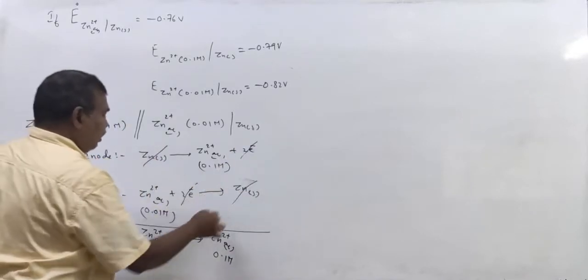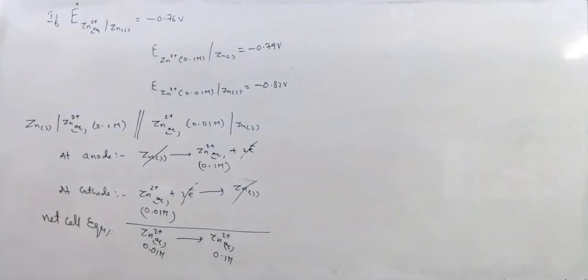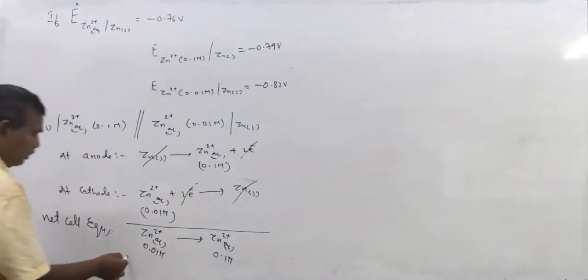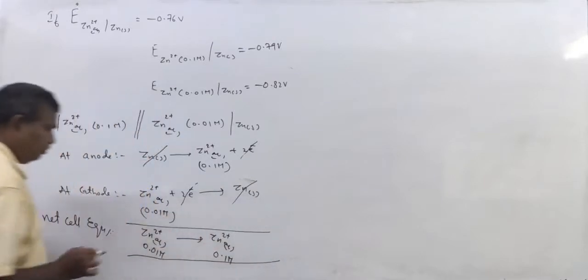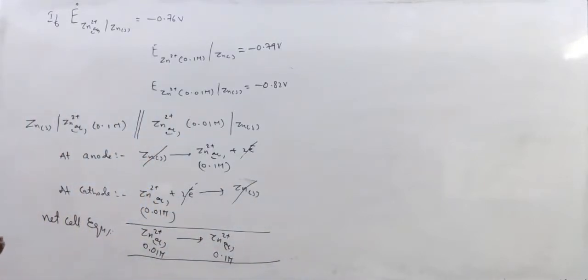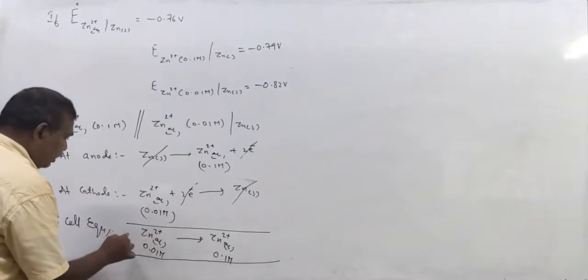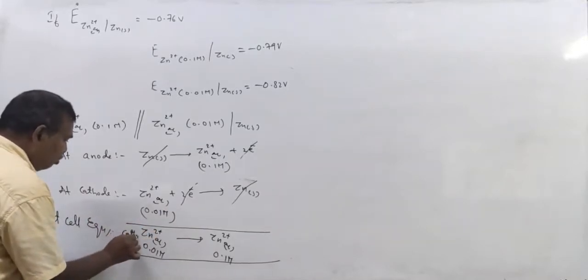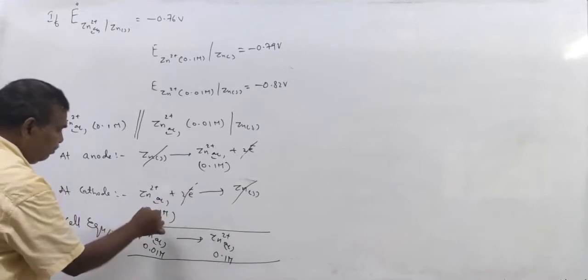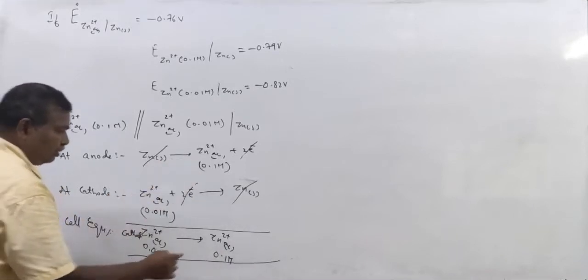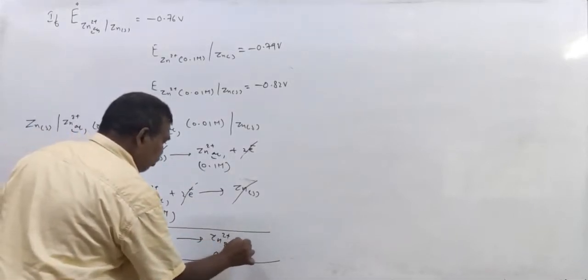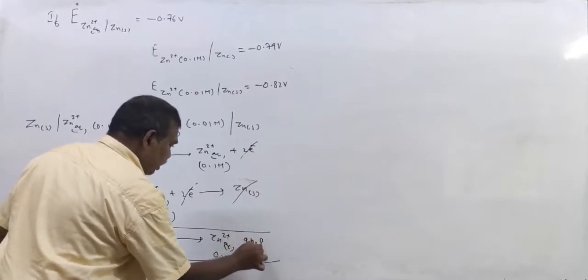Active mass of zinc solid is 1, so you can cancel those species. Now this is the net cell equation: Zn2+ ion concentration at cathode gives rise to Zn2+ ion concentration at anode.